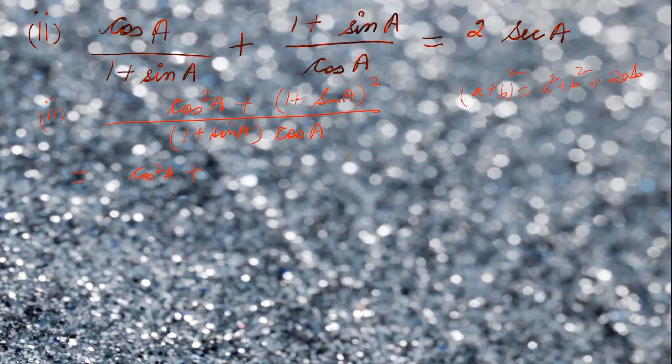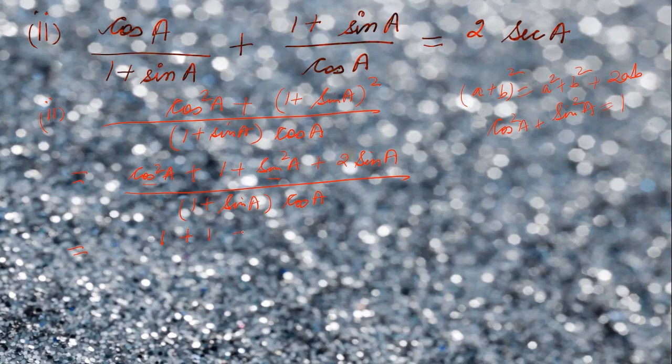By that formula, 1 plus sine square A plus 2 sin A, divided by (1 plus sin A) cos A. Okay, now you know from the first identity, cos square A plus sine square A is always 1. So here cos square A is there and sine square A is there.